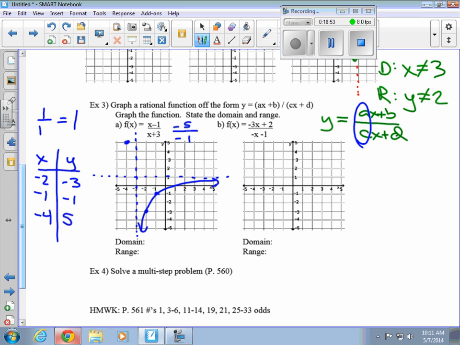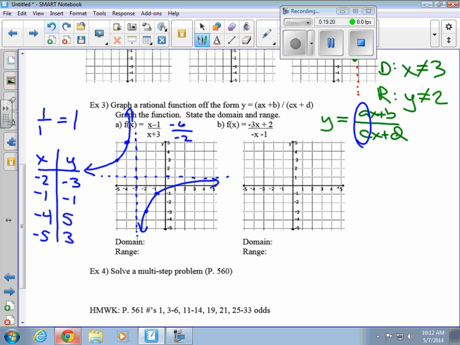And now let's put in negative 5. We're going to get negative 6 over negative 2, which is 3. So negative 5 is 1, 2, 3. And our graph's going to look sort of like that. Try to hit these points a little bit better. All right, so there's our graph.